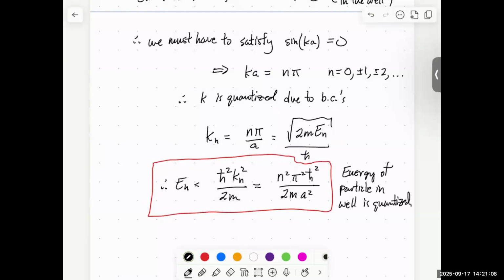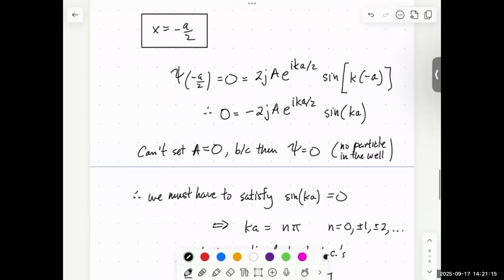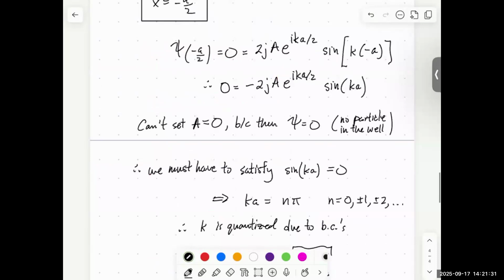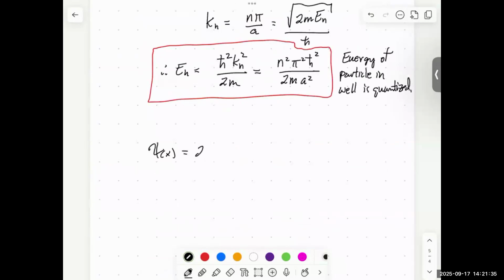Okay, so let's go back to our wave function. We now have quantized K. And so we are at the stage where psi of x is equal to, what did we have? Let's go look back at everything. 2iA, so 2iA, e to the i k, was it a by 2?